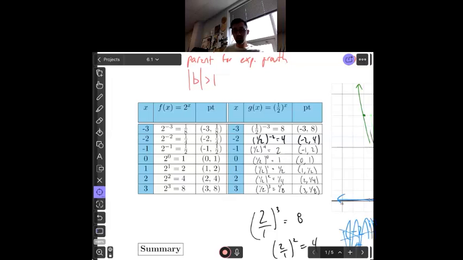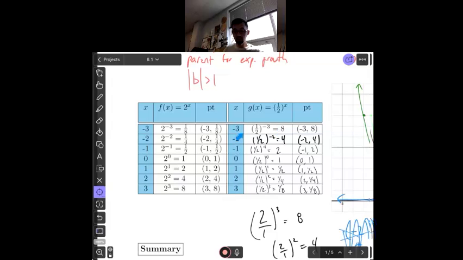So we can take advantage of that to find the ratio. How do we find that ratio? We take the later one divided by the earlier one. 2 divided by 4 is 1/2. 4 divided by 8 is 1/2.